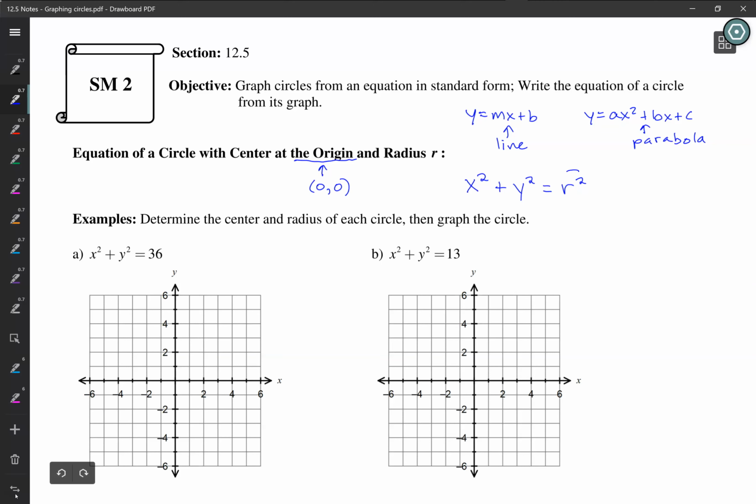So whatever the number over here is, that number is the radius squared. So to find the radius, take the square root.